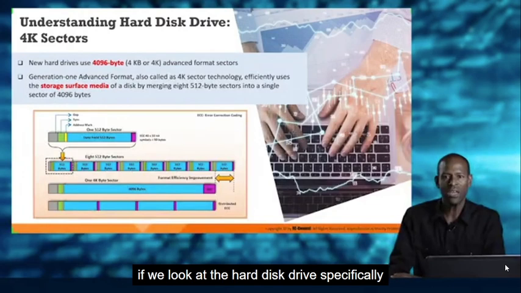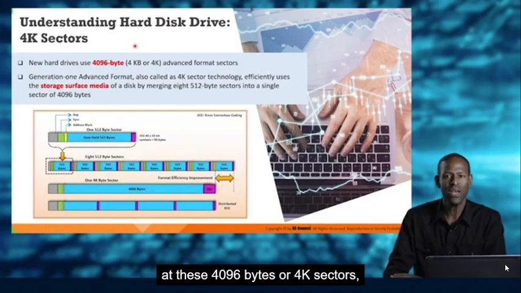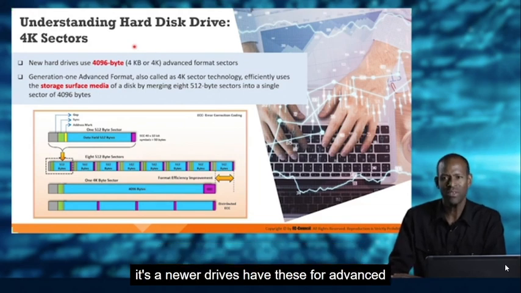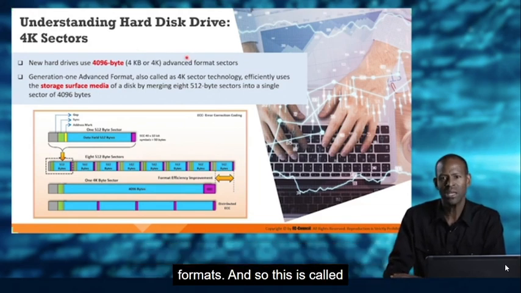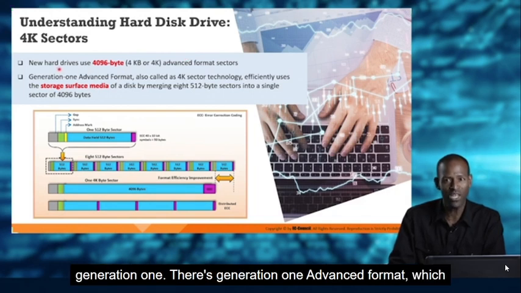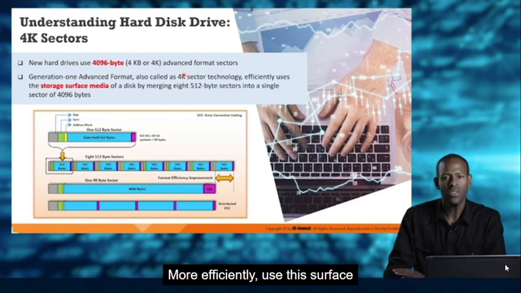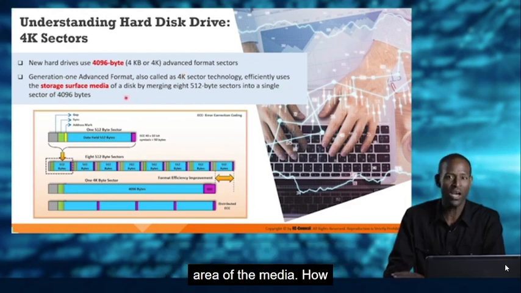So if we look at the hard disk drive, specifically at the 4096 byte or 4K sectors, the newer drives have these for advanced formats. This is called Generation 1. There's Generation 1 advanced format, which is 4K sector technology. It's made to more efficiently use the surface area of the media.